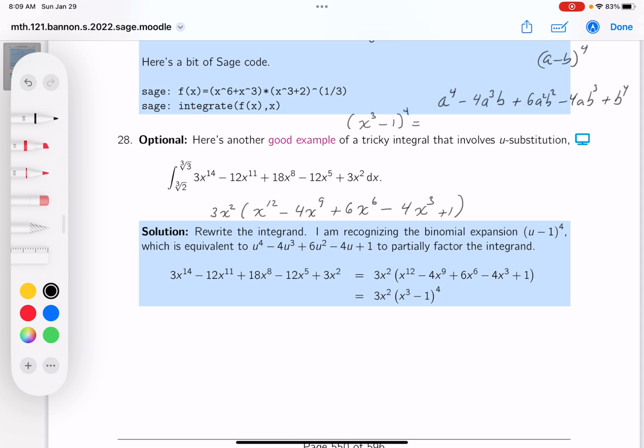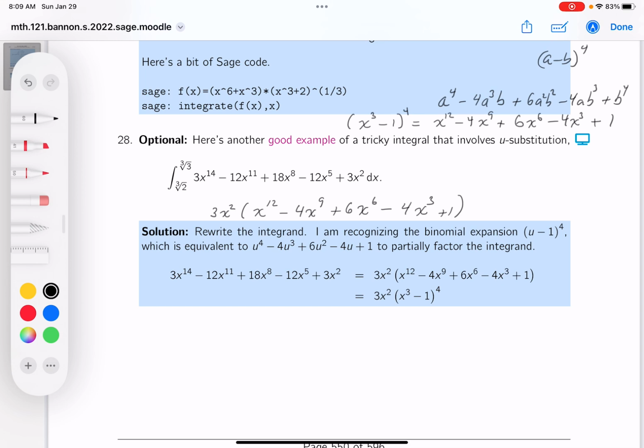Let me expand that and see if that is the case. You get x cubed to the 4th power, which is x12, minus 4 times x to the 9, since 3 times 3 is 9, and then that minus 1, that's why I put the minus there, plus 6x6, minus 4x cubed, and then plus 1. That does seem to work out.